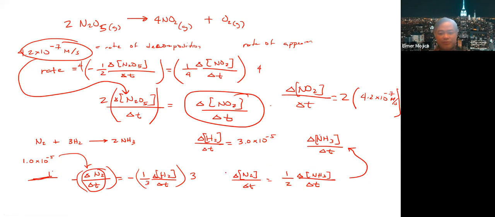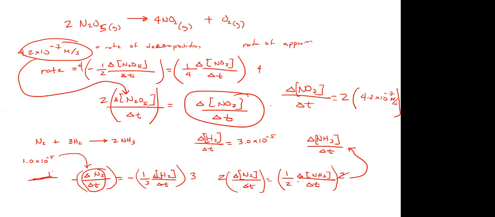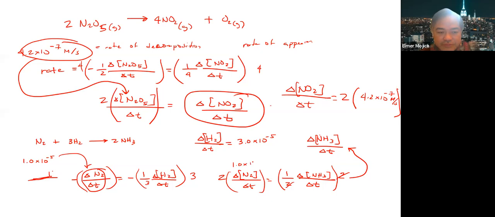You multiply both sides by what? 2. By 2. Now, since the rate of this is 1.0 times 10 to the negative 5, if you want to express that with respect to this one, you just multiply that by 2. Klaro ba?